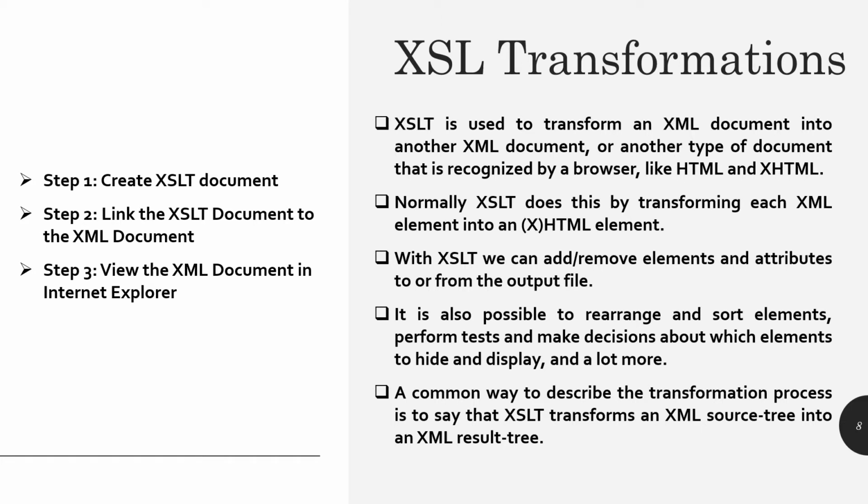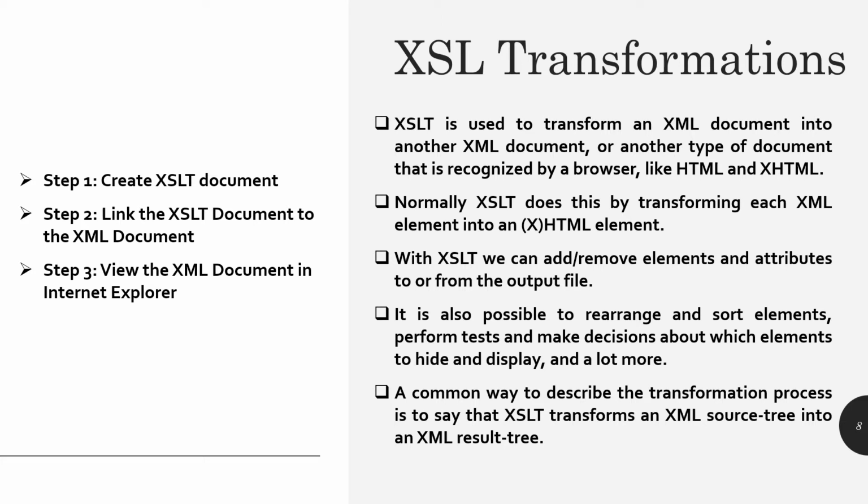So already we have seen that, to view the content of an XML file, apart from the XML file we need the style sheet also. So first of all we need to create the style sheet, that is, the XSLT document.